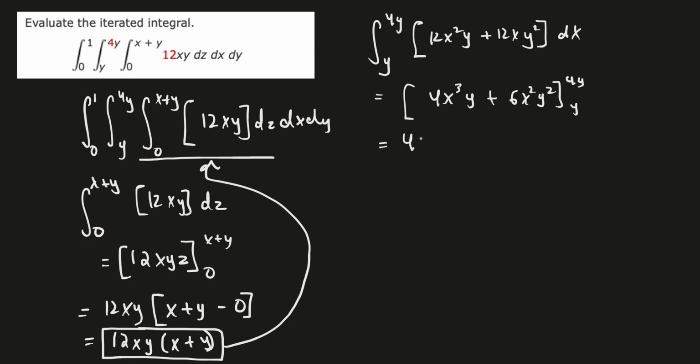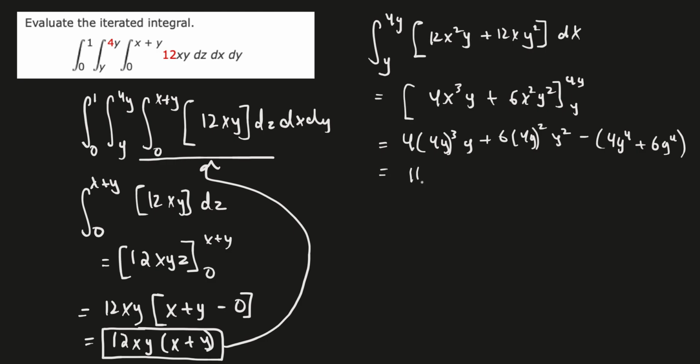This becomes 4 times 4y cubed times y, plus 6 times 4y squared times y squared, minus 4y to the 4th, because y cubed times y is y to the 4th, plus 6y to the 4th, because again, y squared times y squared is y to the 4th.